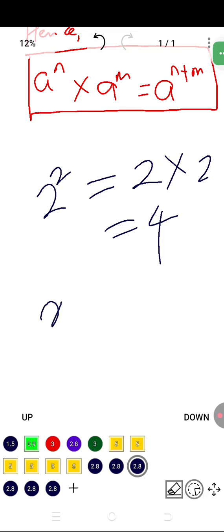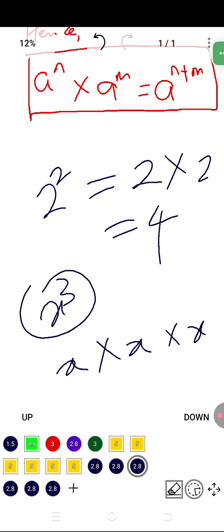Also, you can have x raised to power 3. That is x times x times x. So, instead of writing it like this, we write it as x raised to power 3 in index form. So, indices is the plural form of index.